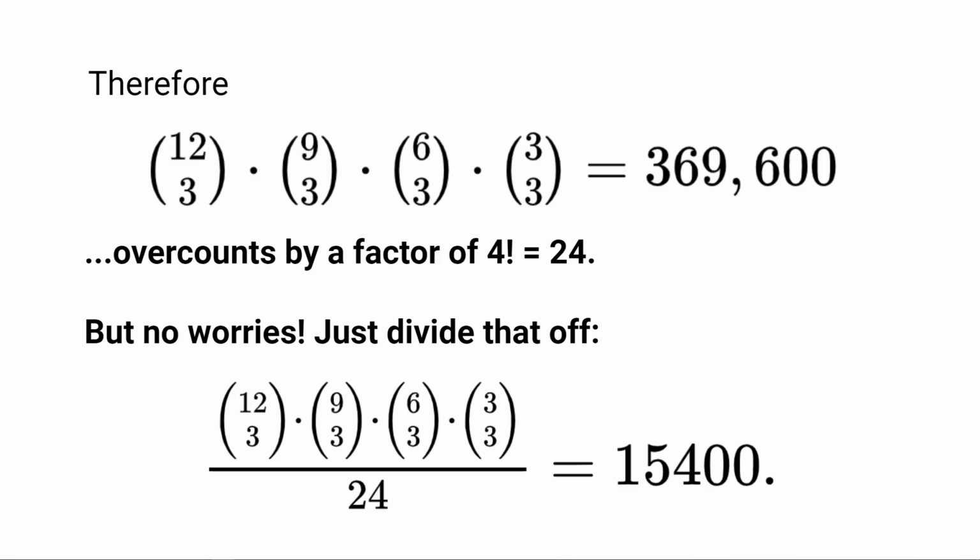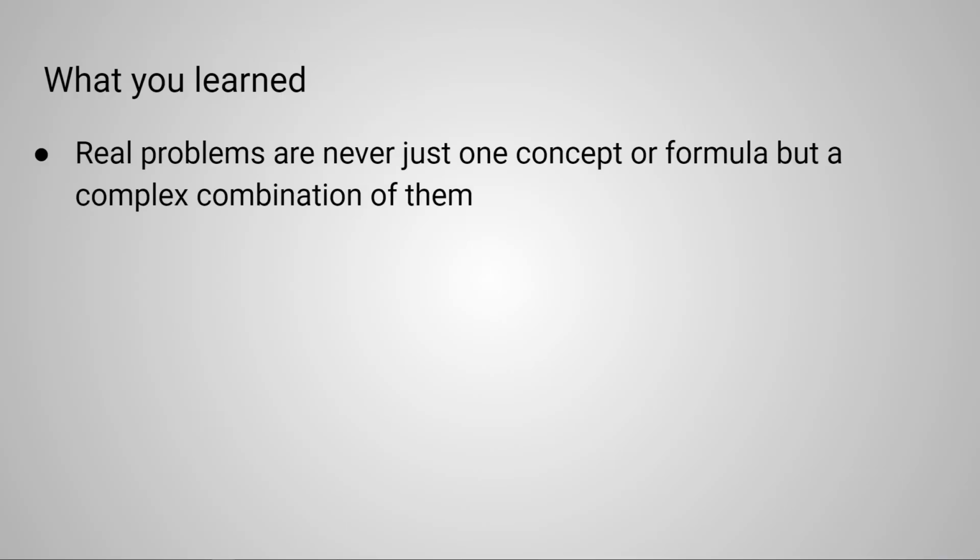So this isn't that difficult of a problem in retrospect, but it was pretty difficult at the beginning because it's not the kind of problem that is just a straightforward application of one formula. It was instead a combination of several different concepts: the multiplicative principle, the binomial coefficient, permutations, and we use some general concepts that aren't themselves in any particular formula or method, such as understanding that the initial answer was a fairly serious overcount.